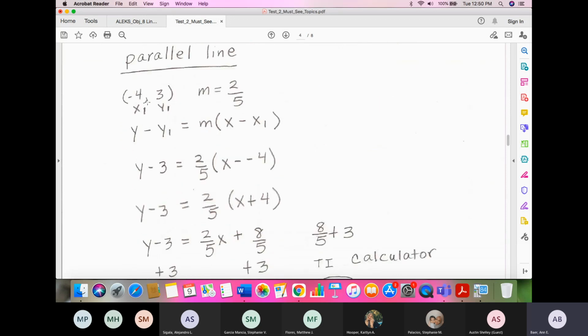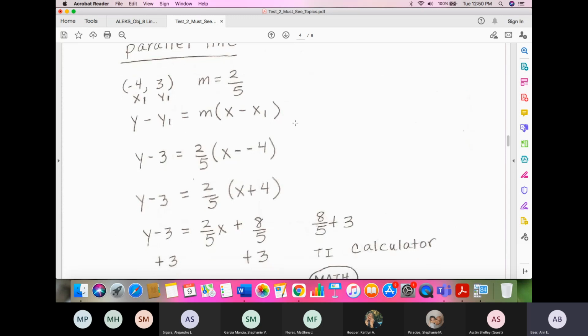We're still using this point slope formula, and let's plug in. y minus y1 is 3. So we get y minus 3 equals the slope, which is 2/5, x minus x sub 1, which is minus 4. So that's x minus a minus 4.